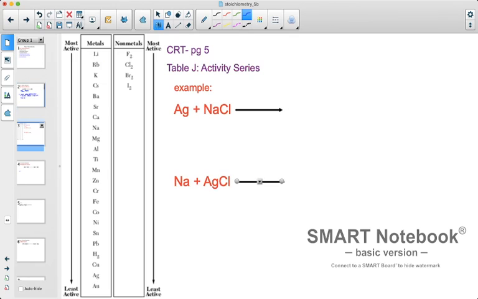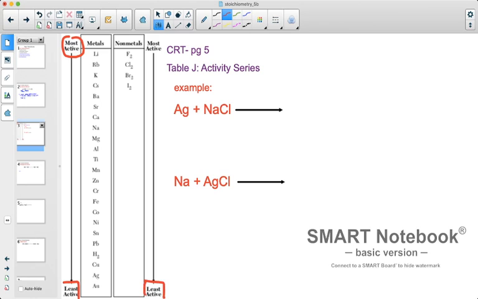Now, table J, which is known as the activity series, is on page 5 of your chemistry reference table. And it works very simply. The more active or stronger elements are always at the top. And this goes for metals and nonmetals. And as we go down, we see the least active metals and the least active nonmetals at the bottom.